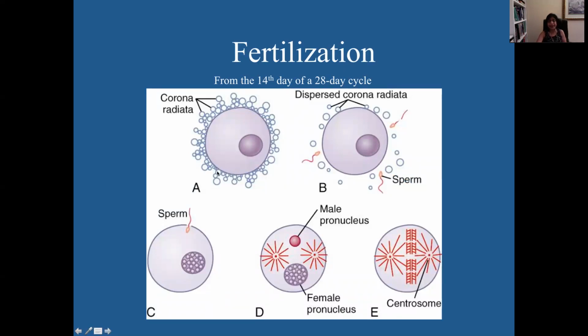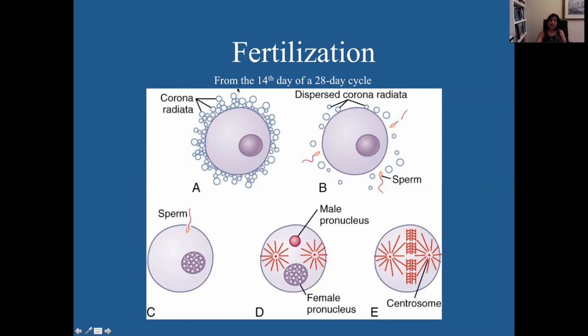Well, here is the secondary oocyte, and then it has a few cells. These are the cells we refer to as corona radiata. There is a thick coat here, zona pellucida, then corona radiata, these cells.